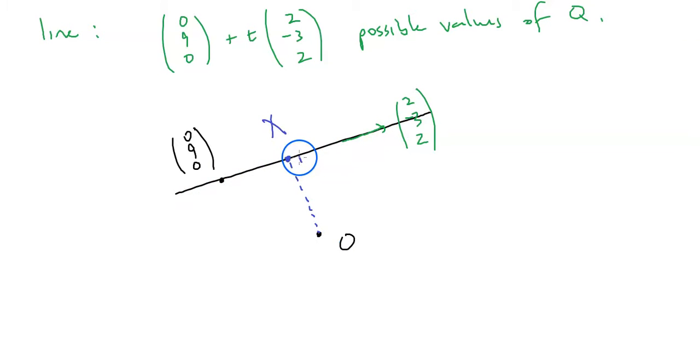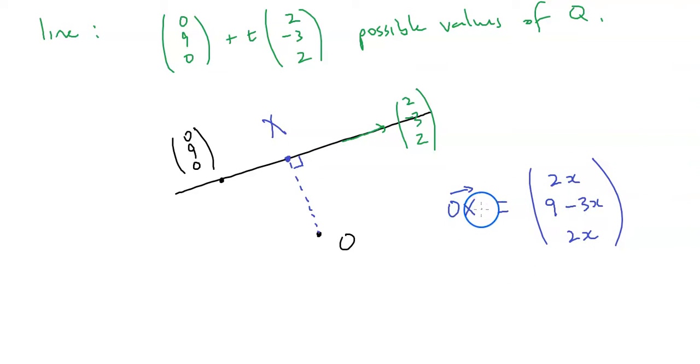So this is 90 degrees. So we know that OX is on this line, so it's equal to 2x, and then the next coordinate is 9 minus 3x, and the last coordinate is 2x again.